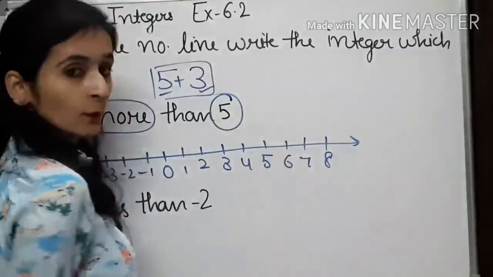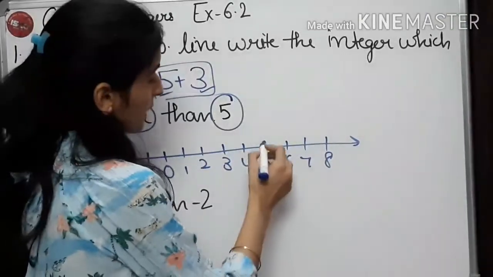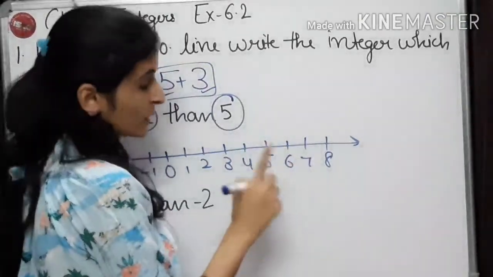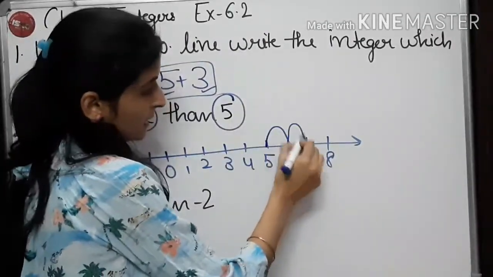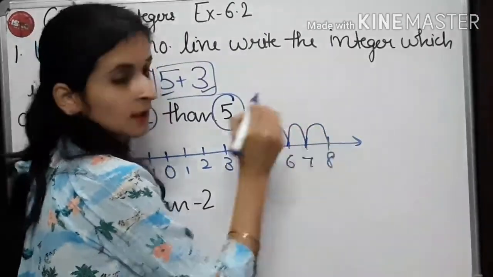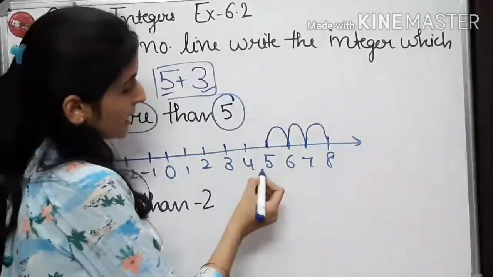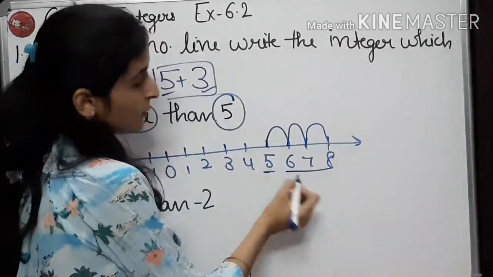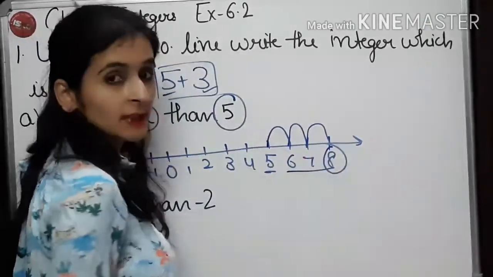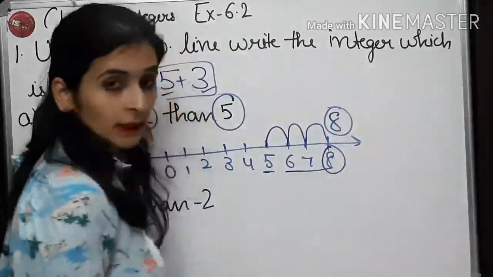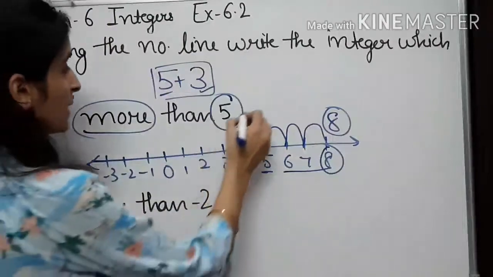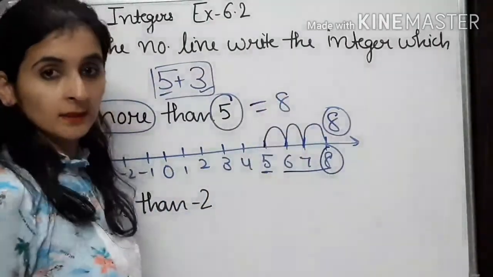So we will start from 5 and take 3 steps to the right because we are going to add. 1 step, 2nd step, 3rd step. So we have added 3 to this 5 and reached the number 8. So the answer is 8. 3 more than 5 is equal to 8.